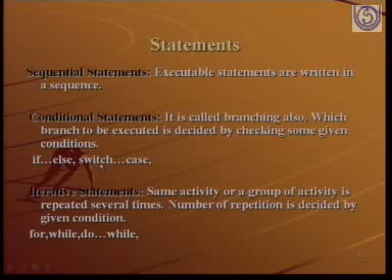These are the constructs used for writing conditional statements.